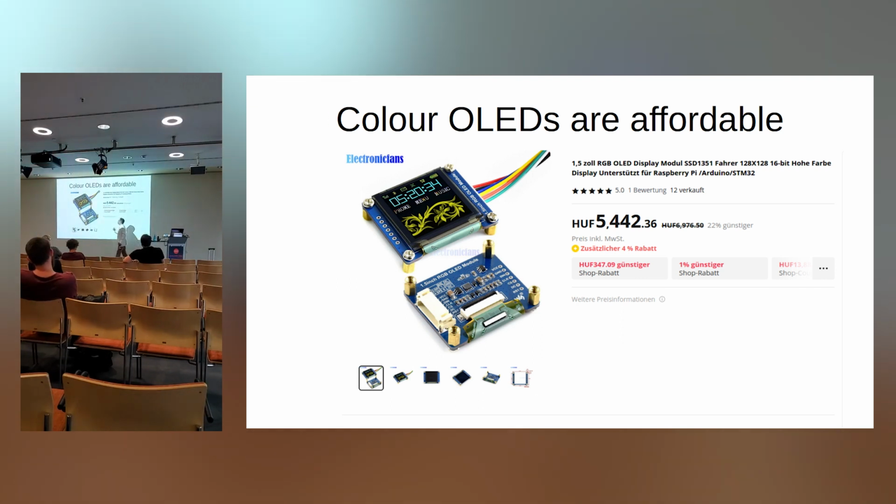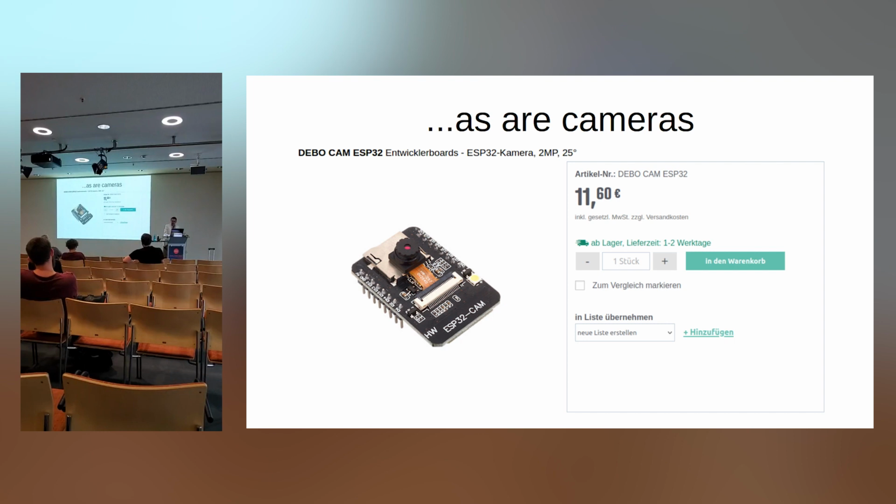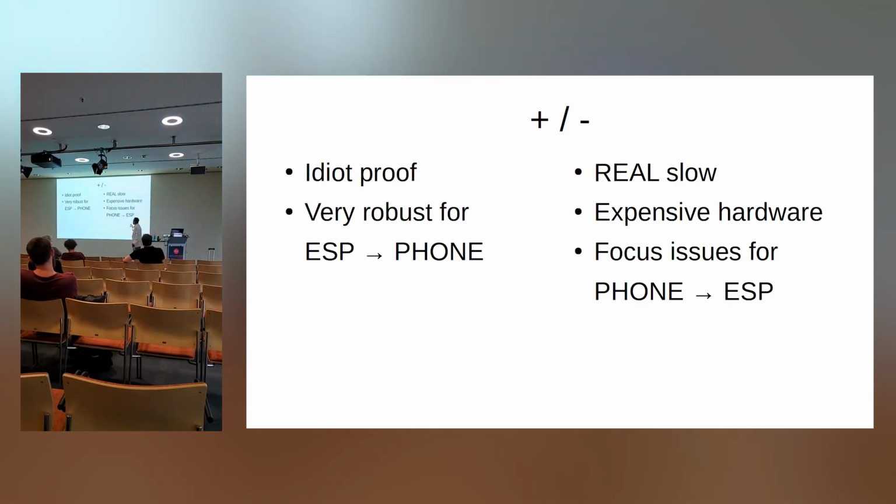Today they cost $10 maximum. Pretty nice quality even if you get them from the right vendor. You connect them to your SPI bus, or you get yourself a camera. It's also very simple. The problem is something else. It's idiot-proof when you send data from the ESP to the phone, because the phone camera has autofocus. When you want to send data from the phone to the ESP, the situation becomes problematic with the focusing.